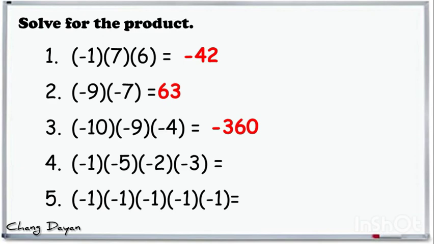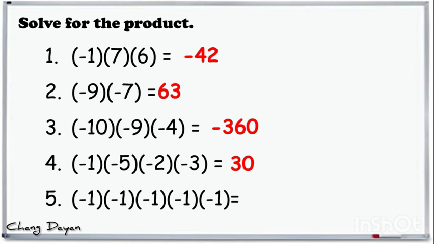Correct. There are 4 negative integer, and those are negative 1, negative 5, negative 2, and negative 3. Therefore, our answer must be positive. So our answer here is positive 30.